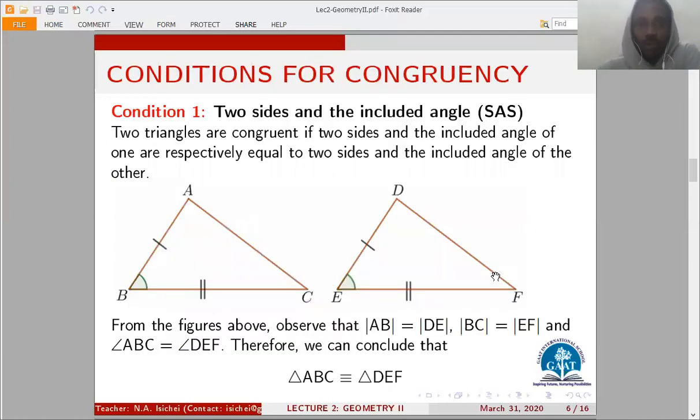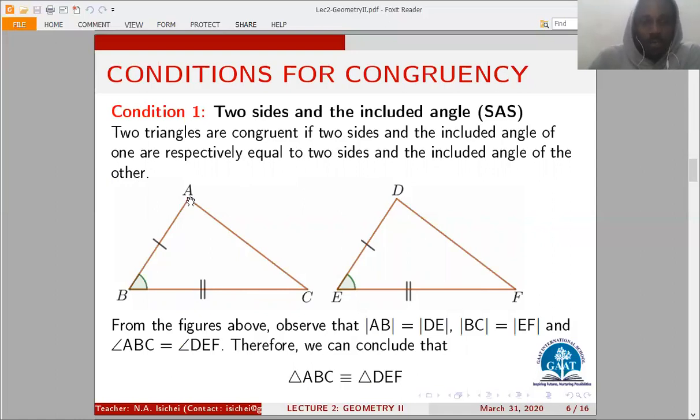Conditions for congruency. Condition 1: 2 sides and the included angle, which is known as SAS. S stands for side, A stands for included angle, and S stands for other side. So 2 triangles are congruent if 2 sides and the included angle of one are respectively equal to 2 sides and the included angle of the other.